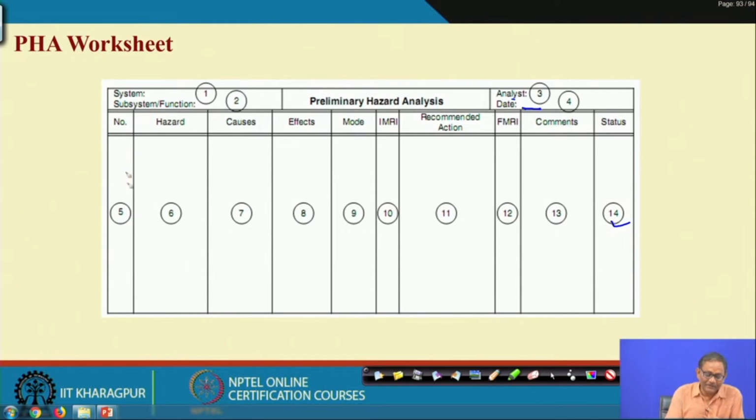Then the number, it will come as 1, 2, 3, suppose system number, then suppose hardware number, item 1. What are the different hazards? Hazard 1. What are the causes of that hazard 1? Then what are the effects of hazard 1? What mode, meaning when it has occurred, maybe during the operation or during the maintenance, or in the case of a missile, during flight, during ground operation.